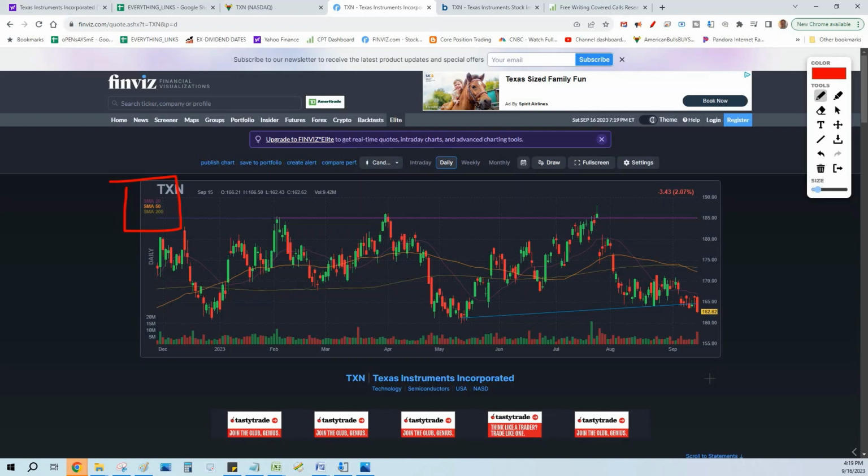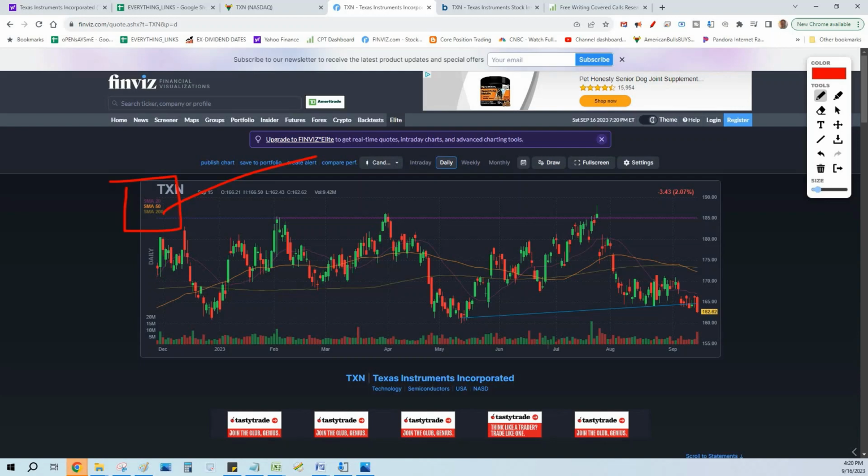So you want to do your research and find out why it's trading in this sideways to higher overall stock market this year. Why is this stock trading at its 200-day moving average? Which means it's trading low, and quite frankly, it's probably trading at its lowest point. Now that seems like a good time to get in, buy low, sell high, but again, you have to do your research. The 200-day SMA usually is the last line of support for stocks.